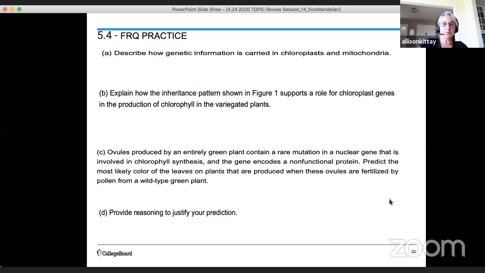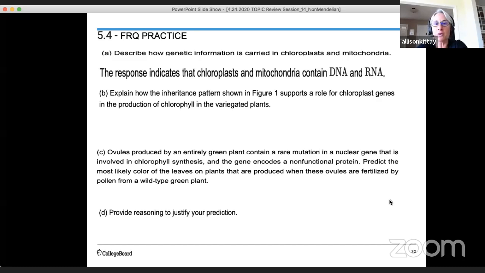Okay, so it's a 4-part question. A: Describe how genetic information is carried in chloroplasts and mitochondria. We know that chloroplasts and mitochondria contain their own genetic material. B: Explain how the inheritance pattern shown in Figure 1 supports a role for chloroplast genes in the production of chlorophyll in the variegated plants.